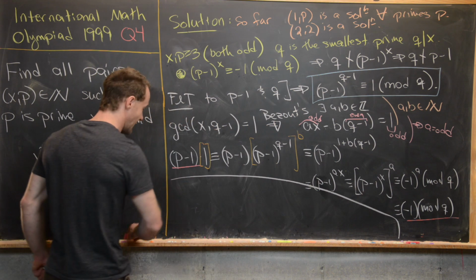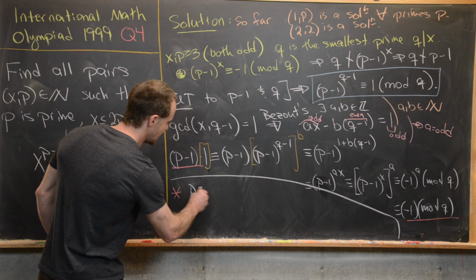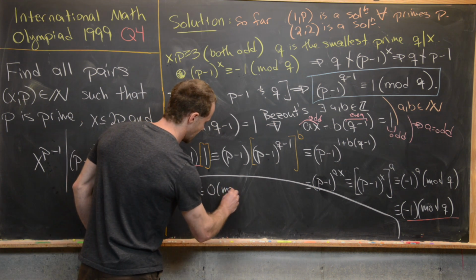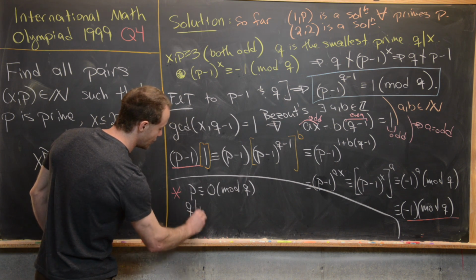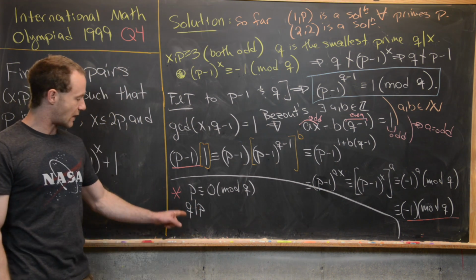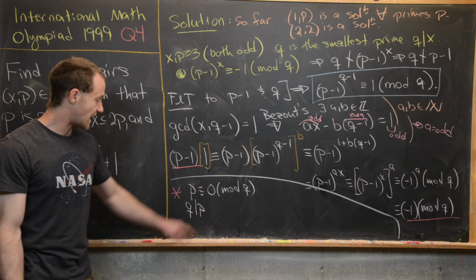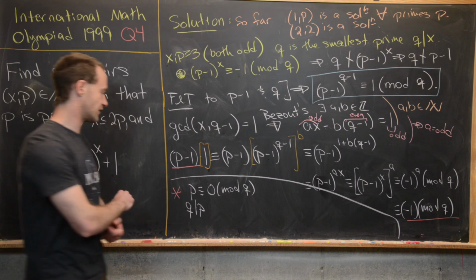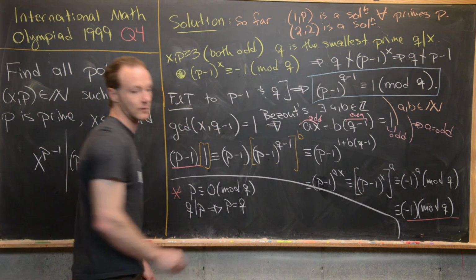But that statement is equivalent to saying that p is congruent to 0 mod q. But that's the same thing as saying that q divides p. But now we've got a prime q that's bigger than or equal to 3 dividing a prime p which is bigger than or equal to 3, but that can only happen if p equals q.